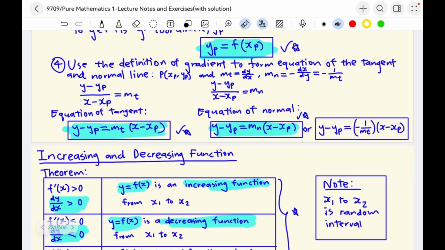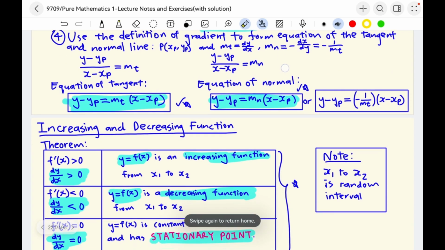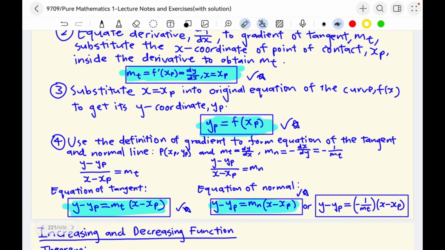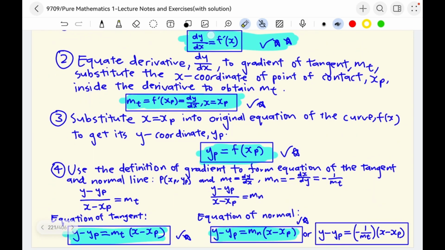So this is how you get the equation of the normal. I'm not encouraging you to memorize these procedures, because to master this, you have to do partial questions, or practice from basic and then to advanced.